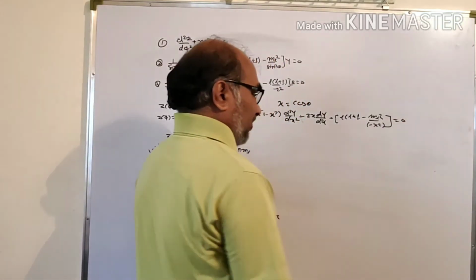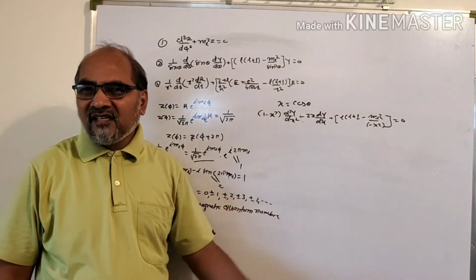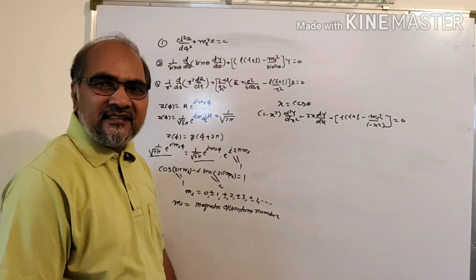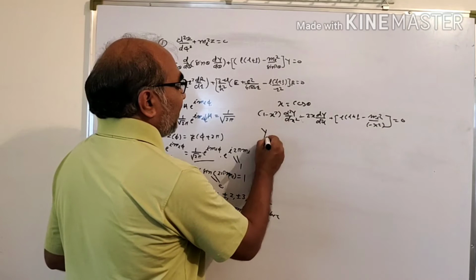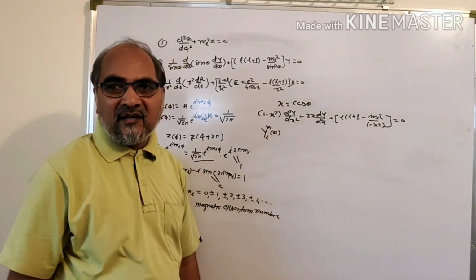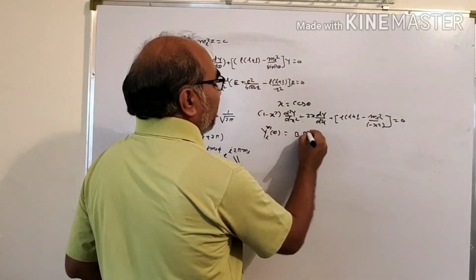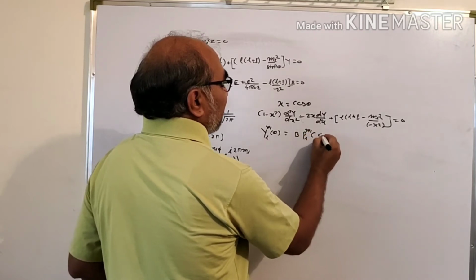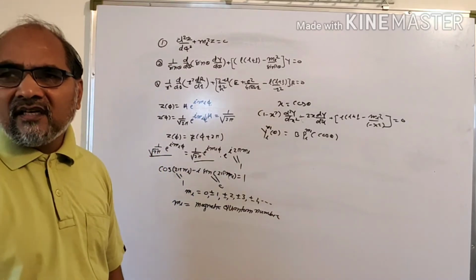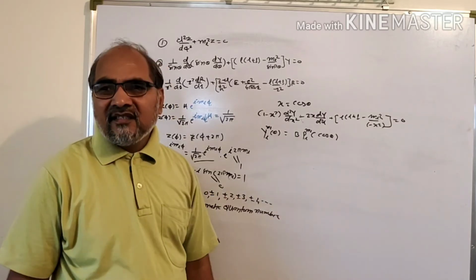This is the associated Legendre equation, and we already know its solution, so I am writing it directly. Y L ml of theta is equal to B times P L ml of cos theta, where B is a constant.